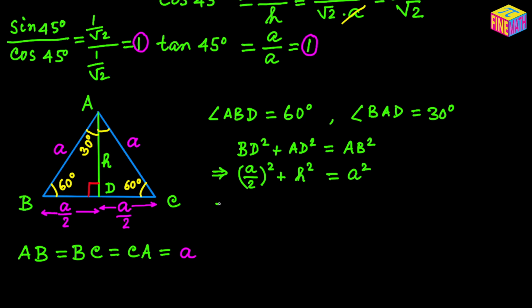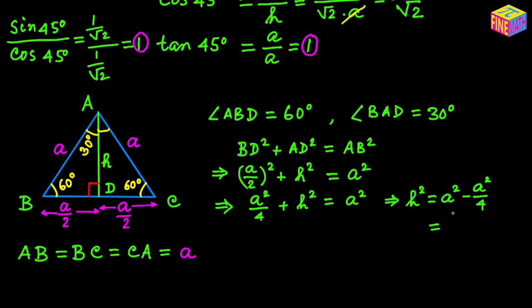So from here we can say a squared by 4 plus h squared is equal to a squared. Then h squared would be equal to, keeping h squared on the left hand side and bringing everything else to the right hand side, a squared minus a squared by 4. This is equal to 4a squared minus a squared, that would be 3a squared divided by 4.